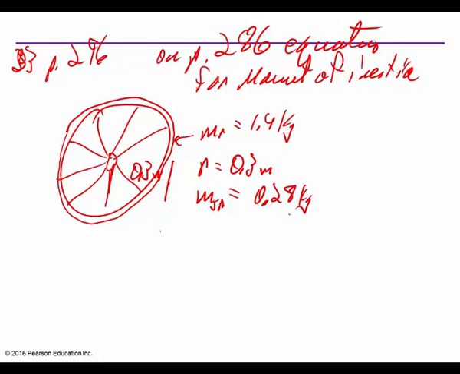Okay, now look, what does that mean? Axis through its center. Here's the wheel, rotating that way. Axis through its center, right there. If you look on page 286, you see an equation that fits that perfectly.